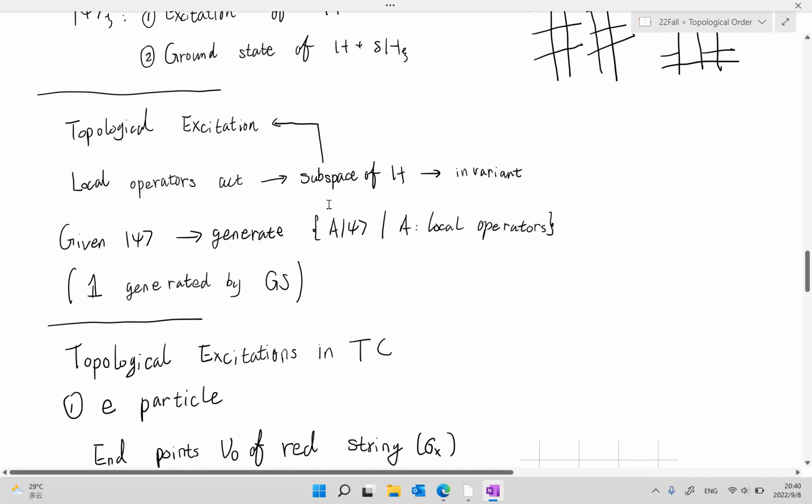Okay, so here we define a subspace of the Hamiltonian. Given a precise state of a topological defect, we act all kinds of local operators on it, and it will give a subspace, and we think this whole subspace is this topological defect.